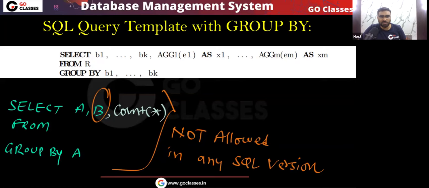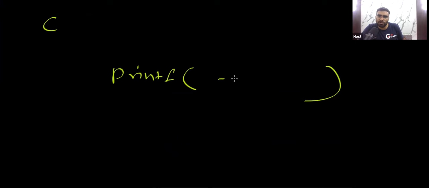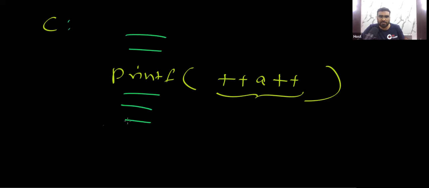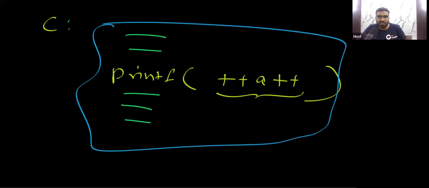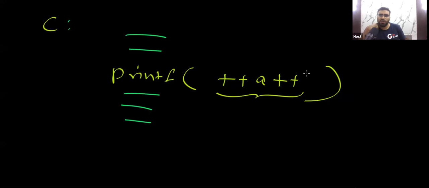I have seen what many students do. For example, they will do some experiment in the C language, with printf, plus a, plus a. Have you done this type of experiment? Maybe. In the C language, you will see many times that students run this, and after running multiple experiments, they create their own concepts in the mind.